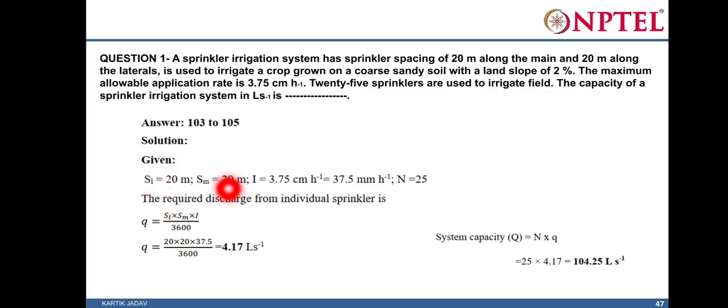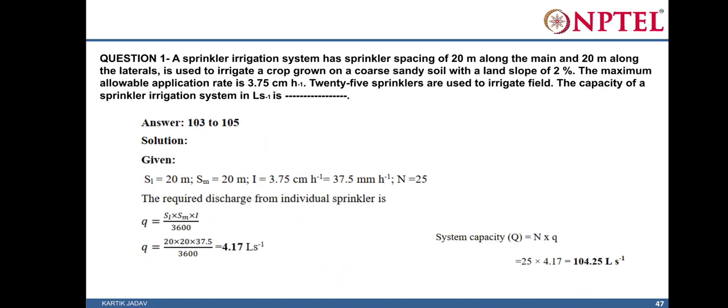So the required discharge from an individual sprinkler is Q is equal to SL into SM into I divided by 3600. So this SL and SM is in meter, I application rate is in mm per hour, and dividing by 3600 converts into seconds. So correct.